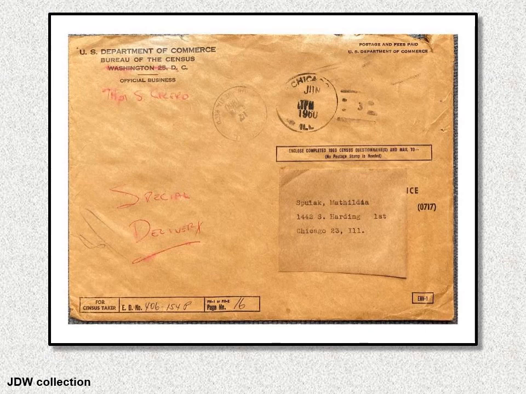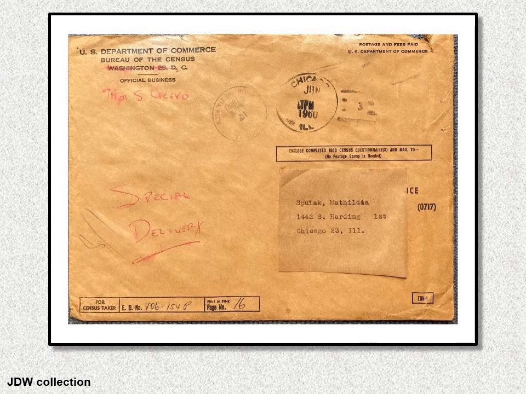And I don't have an original long form that was given to households. I do have a number of other things. I found this online where this delinquent person, Matilda Spuyek in Chicago, didn't return her long form.